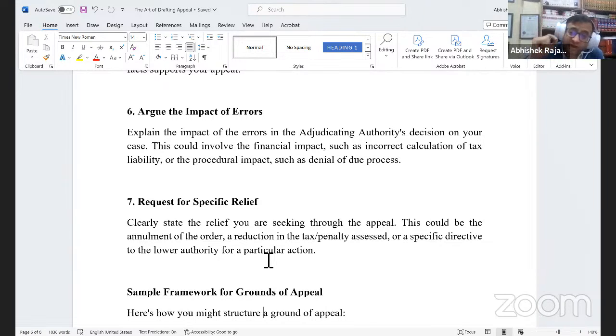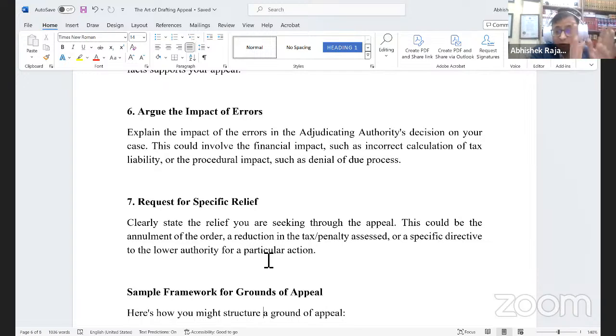Write all 5 different requests, in 5 different paragraphs or 5 different lines. So I am requesting one, this, second, this, third, this, fourth, this. If it is 5 reliefs, then 5 different lines, 5 different paragraphs. If there are 10 reliefs you are seeking, then it has to be 10.